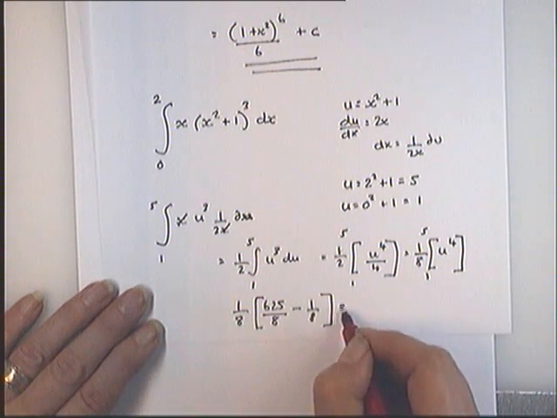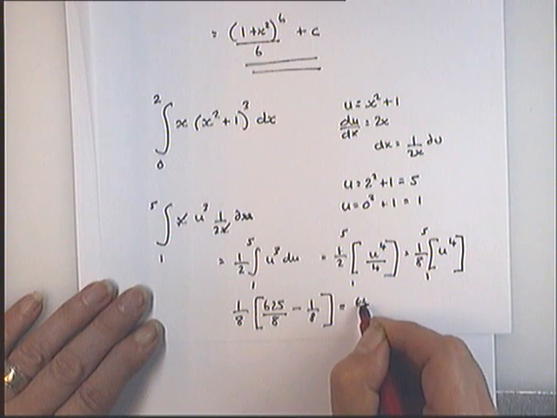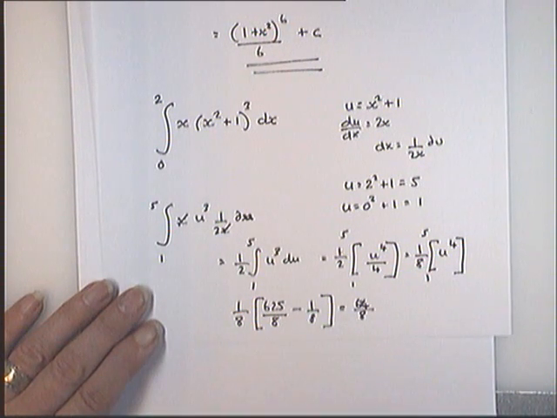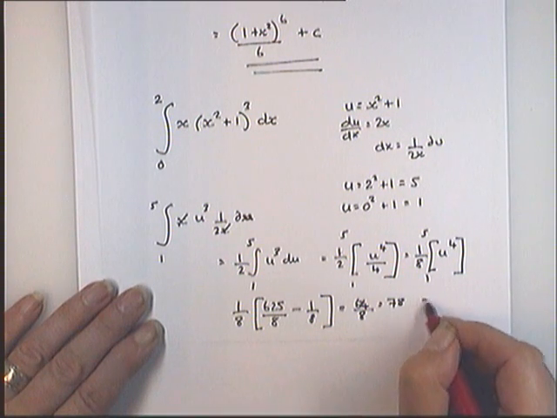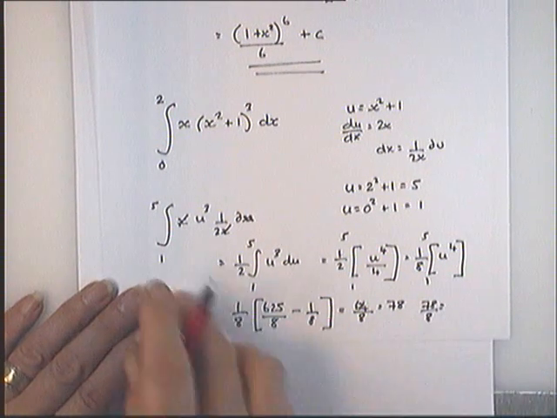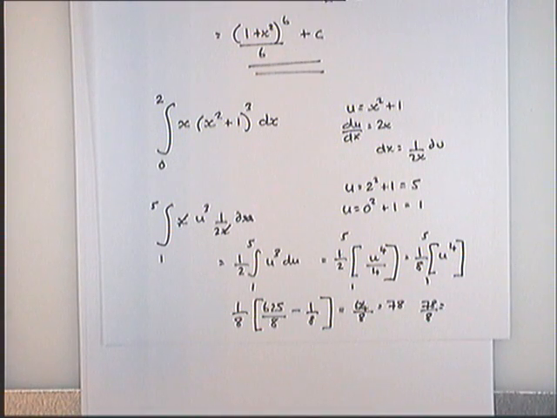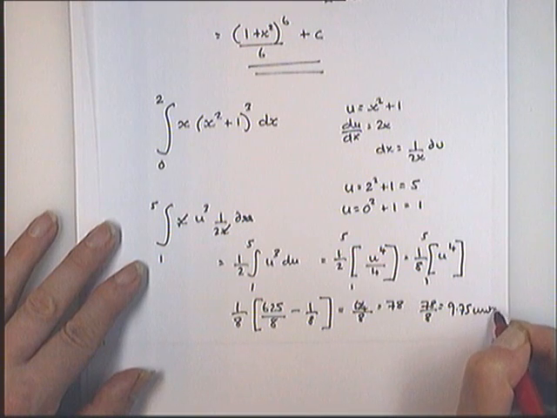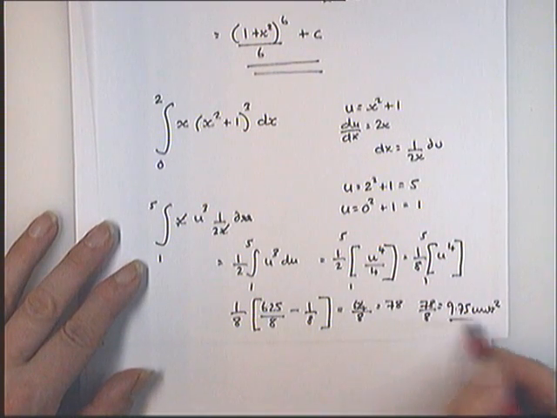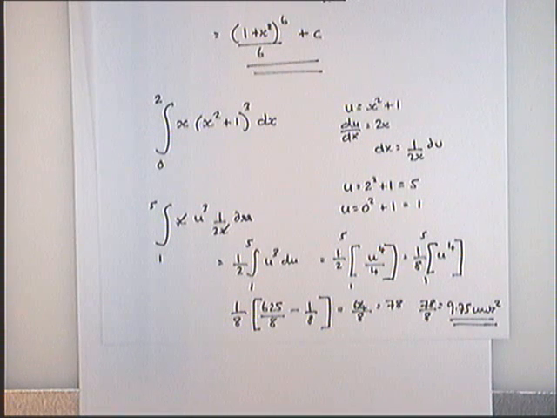So that gives me 624 over 8, which is 78, and that has to be divided by 8. I just need to use my calculator: 78 divided by 8 is 9.75. And that, because it's an integral, is units squared. And that's how to do an integration by substitution.